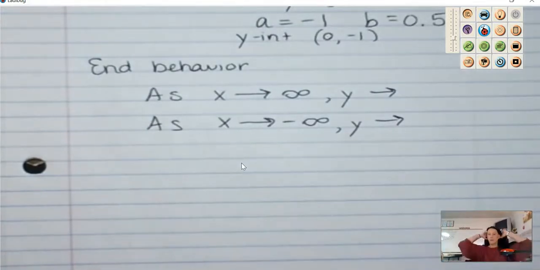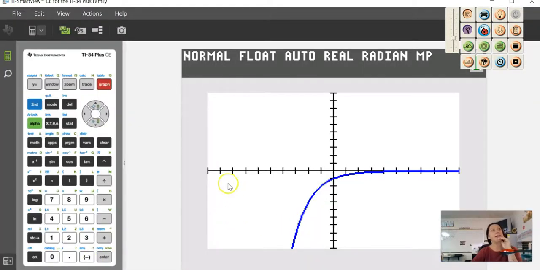Okay, the end behavior means what is going on with my line as the x is getting bigger. If I look at my graph from left to right, the graph is going up, up, up. It's getting bigger, but it never gets any bigger than right here, which is when y is 0. So my y values go up until they get close to 0.